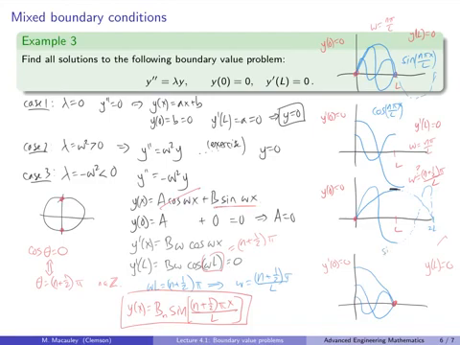In general, it's sine of n plus 1/2 pi x over L, but this fundamental one with the longest period, what is that? If n is 0, that's sine of 1/2 pi x over L. So let's write this as sine of pi x over 2L. So there's that factor of 2 compared to this first one here.